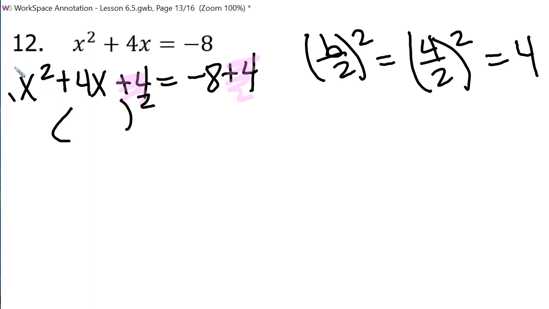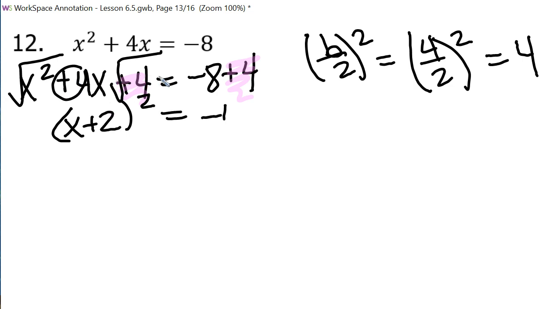And when we factor that perfect square trinomial, what goes in the parentheses? x plus 2. And on the right side, what's negative 8 plus 4? Negative 4. How do we get rid of the square? Square root both sides. What happens when you square root a square?